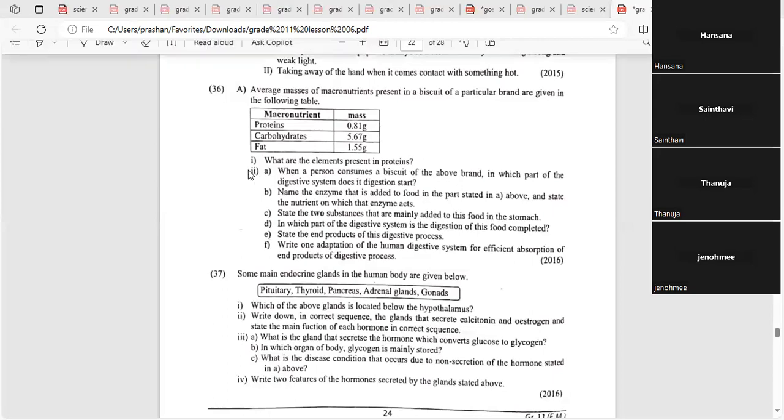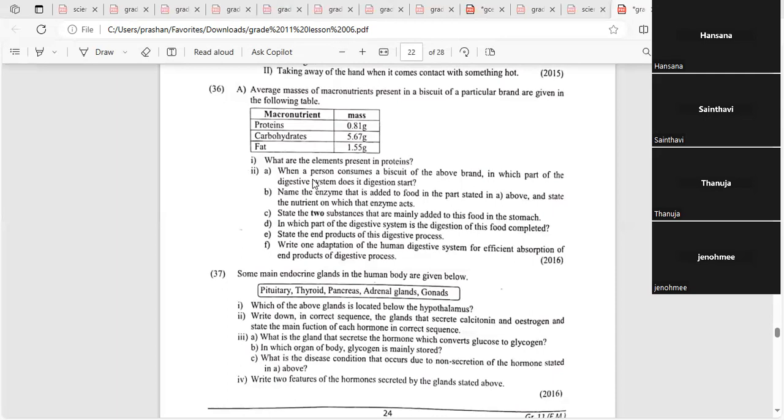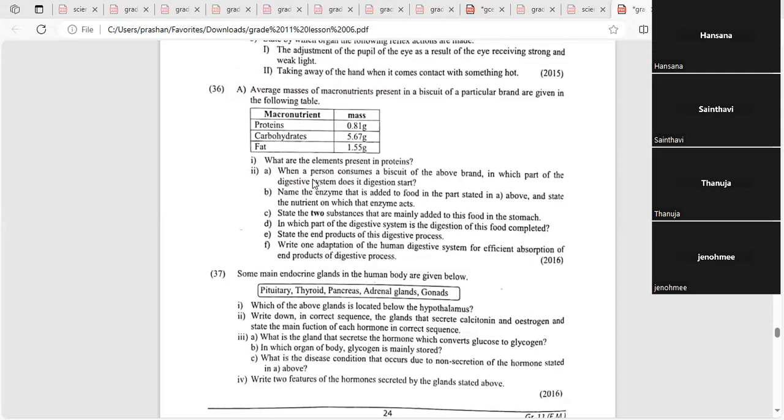Then the next question, second part A. When a person consumes a biscuit of the above brand, in which part of the digestive system does its digestion start?